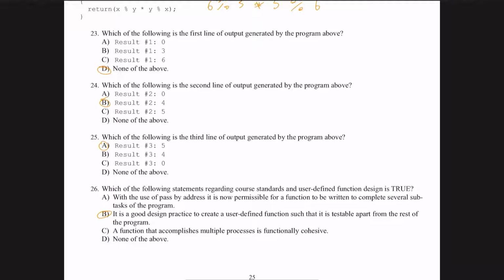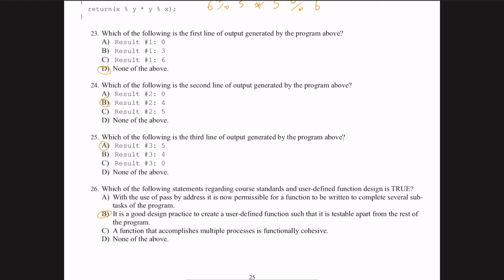You can choose some test inputs, call that function, and then print the return value and see if that matches with what your calculator says. Even if the rest of your program doesn't work or hasn't been written yet, you can at least check that that one calculate volume function works on its own. You can do the same thing with all your different types of functions. Meaning you can write one, test it, add another function to your program, test it, and keep building up until you're done. So B is true.